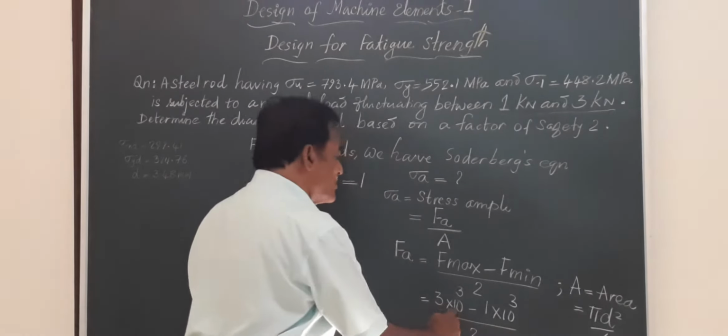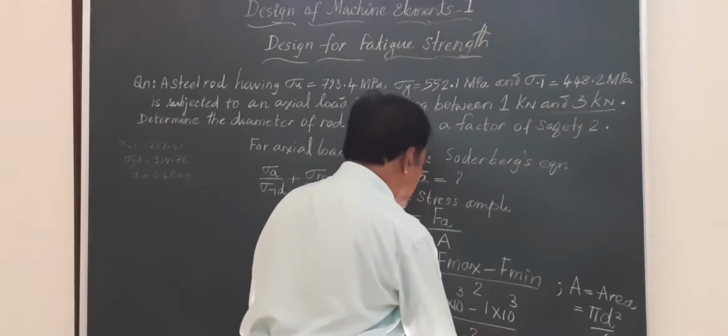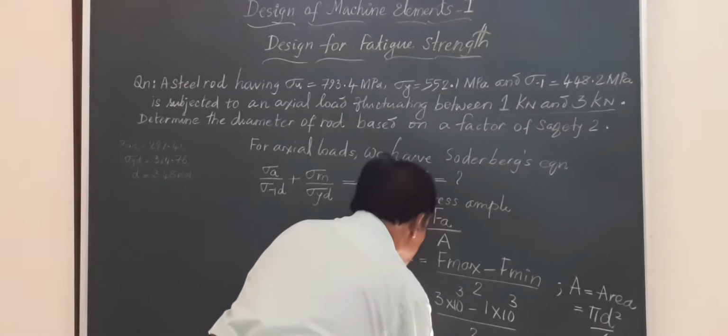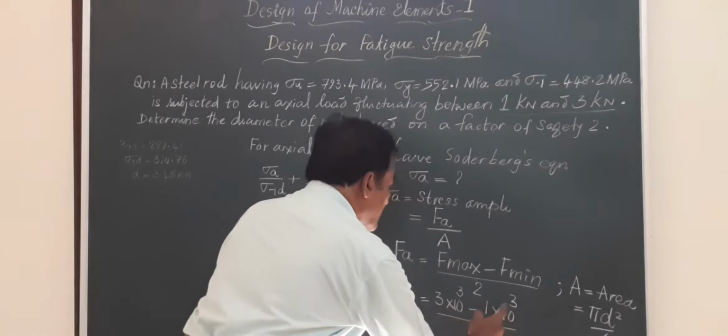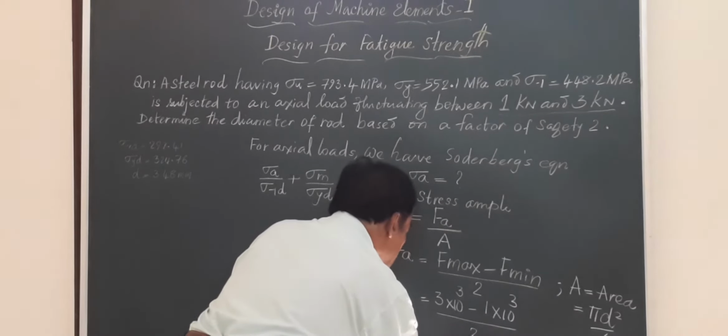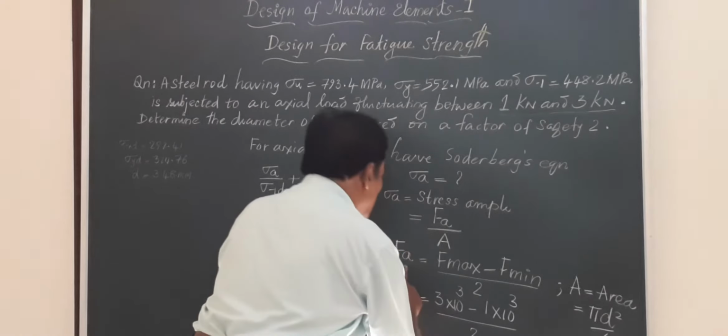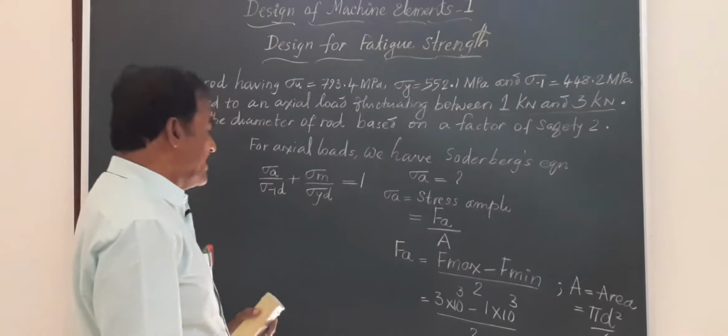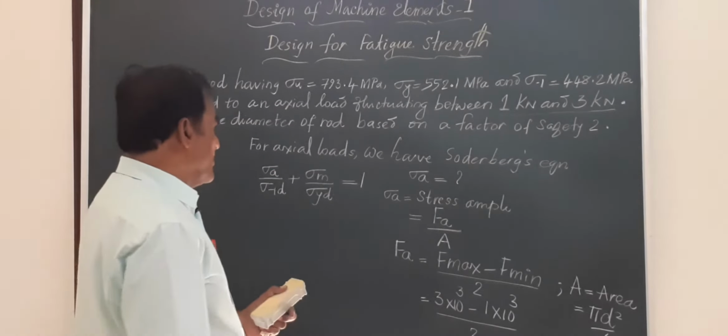So 3000 minus 1000, 2000 by 2 is 1000 Newton, because this is a load and hence we express it as 1000 Newton.